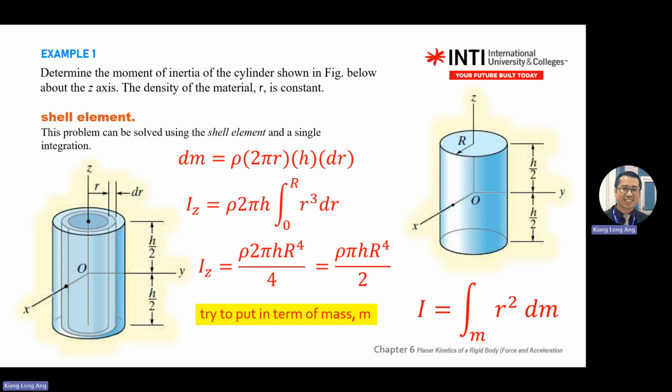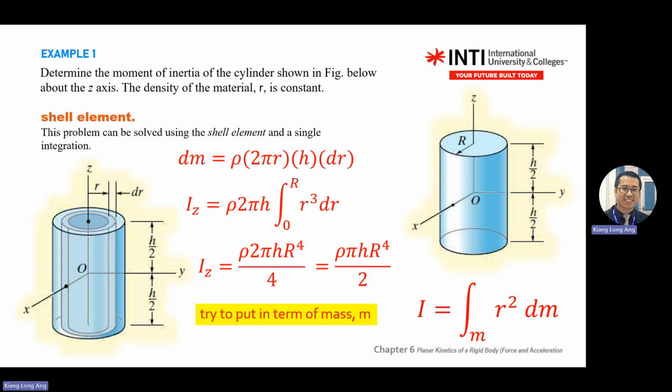I wrote on the whiteboard already. One m equals what? What is m? M is rho pi r square h.